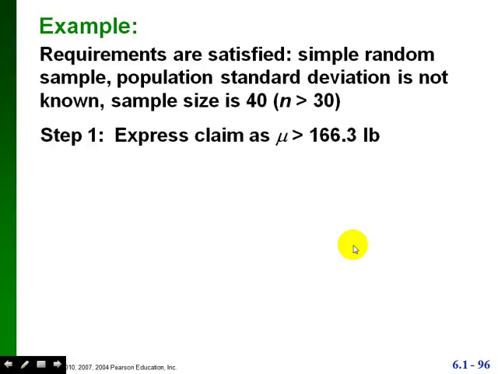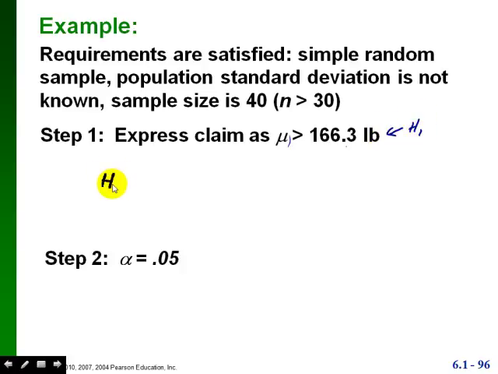So first, to find our hypotheses, the claim was that the mean weight was greater than 166.3 pounds. And again, for our mean right here, we're just going to use mu. So since this one does not have an equals in it, that automatically tells us that that's going to be our alternative hypothesis.